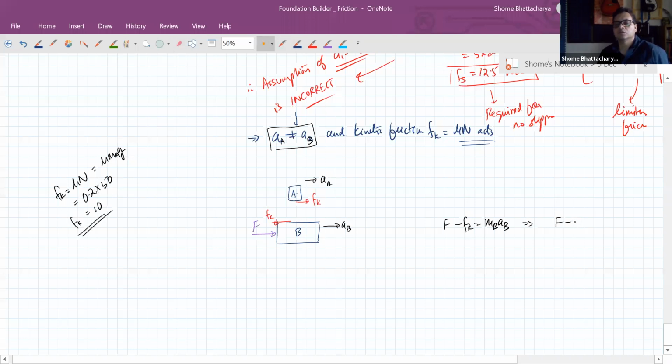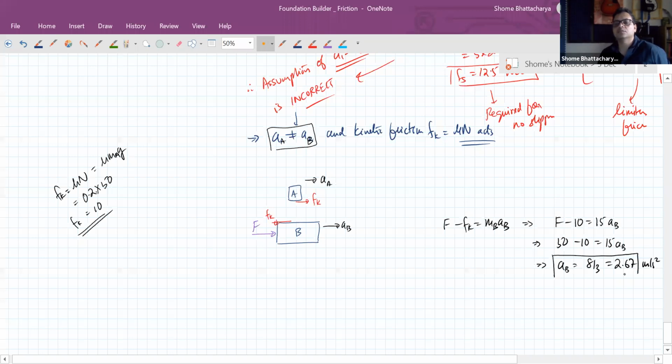And mass of B was 15 kg. So 50 minus 10 is equal to 15 a. So acceleration of B will become 40 by 15, or 8 by 3, or 2.67 meters per second square.